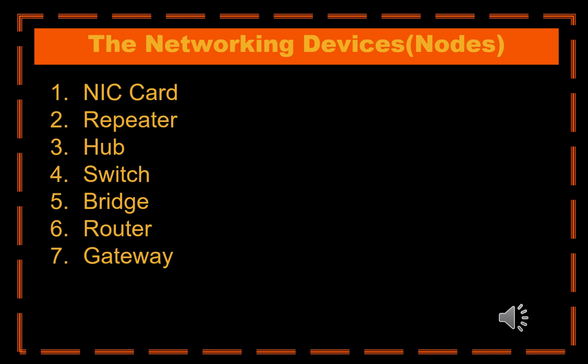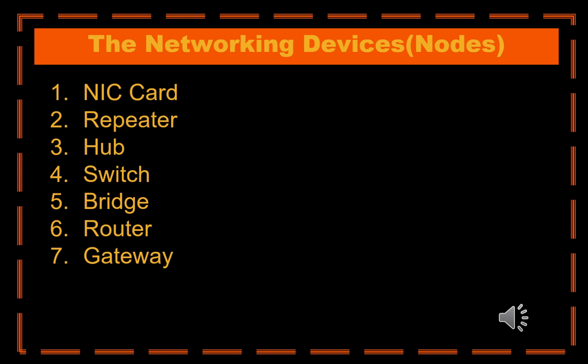The transmission medium is the physical path from sender to receiver. It may be wired or wireless, for example coaxial cable, twisted pair cable, fiber optic cable, radio waves, and IR signals.